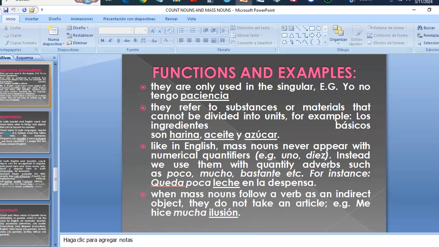And also, when these types of nouns follow a verb in a sentence, compared to count nouns, they are not preceded by any determiner, articles, numerals, etc. For example, me hice mucha ilusión. As you can see in all of these examples, you can recognize paciencia, harina, aceite, azúcar, leche, and ilusión as mass nouns in Spanish.